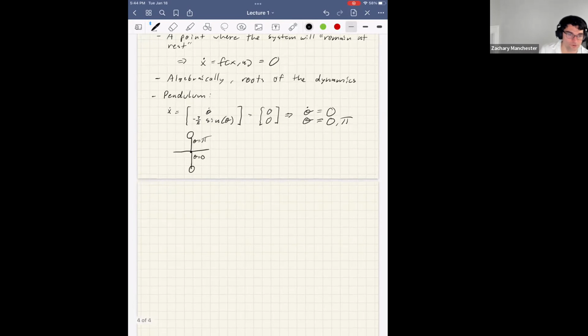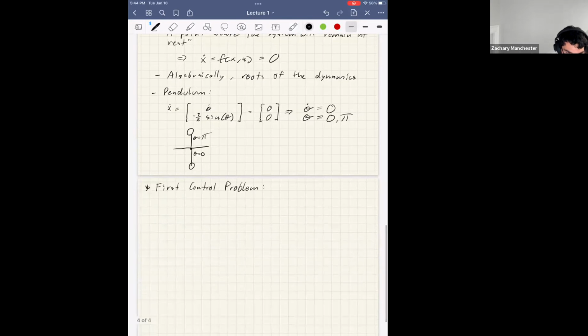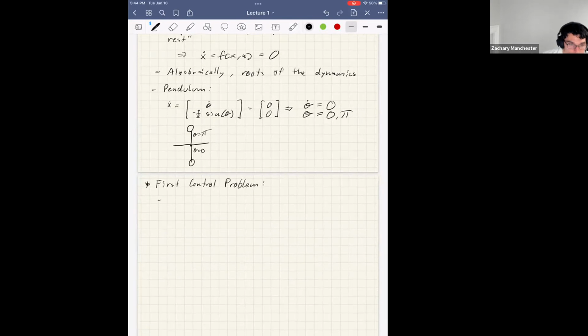Okay, so now we're going to do our first control problem. Now I'm going to look at this with the control torque in there. Okay, so question, can I move the equilibrium points?